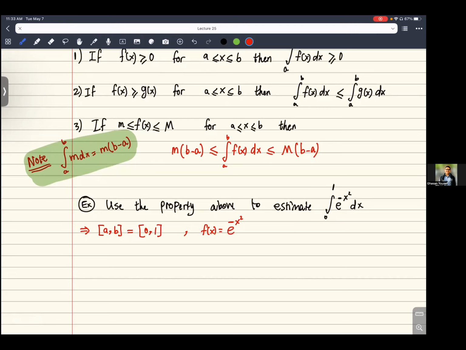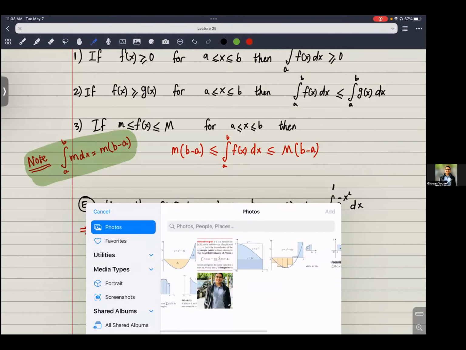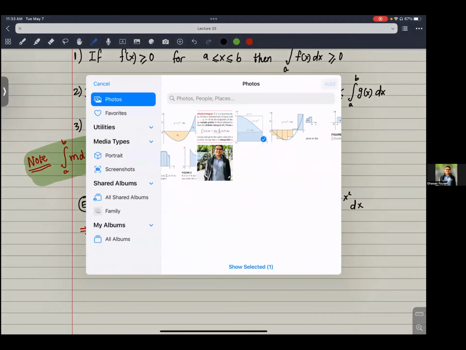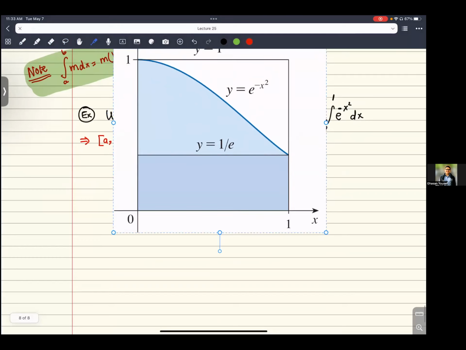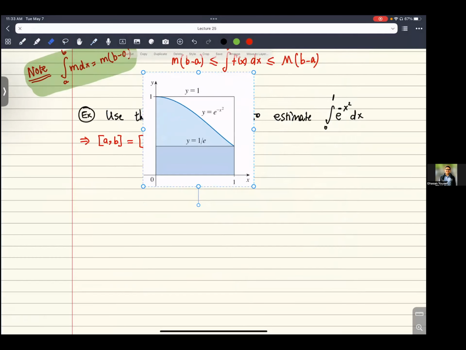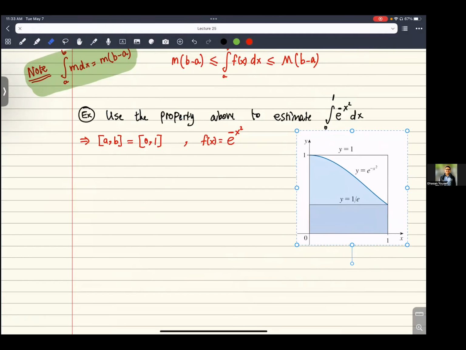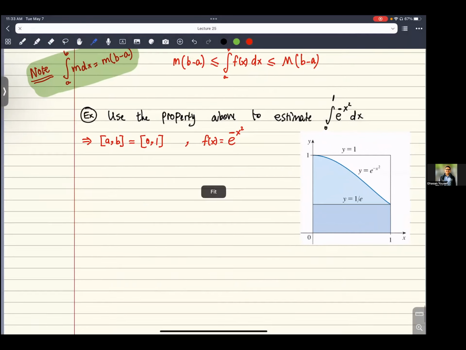Why? Because the power of the exponent is negative, which means the function is decreasing. If I want to show you how the graph looks, the function looks like this. Look, it's decreasing.